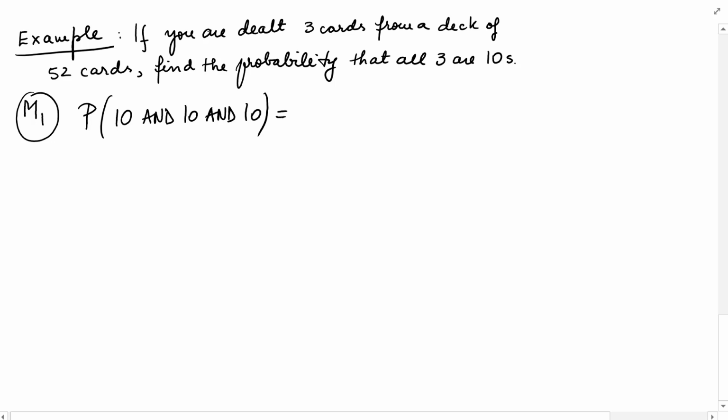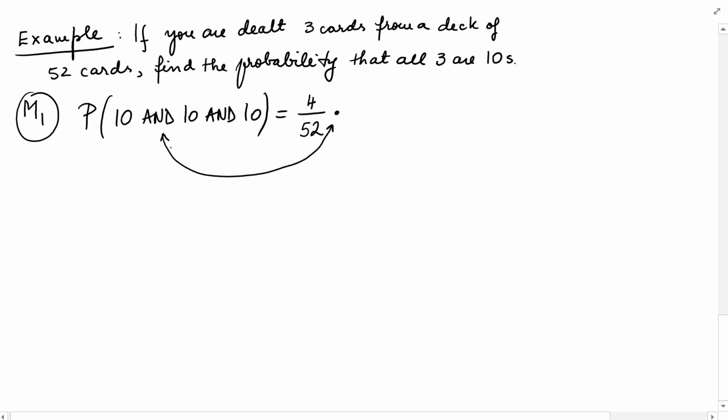Now, the probability that the first card is a 10 is 4, because there are 4 cards that are 10, out of 52, because that's a total of 52 cards. Times, right, we connected the word and with times.